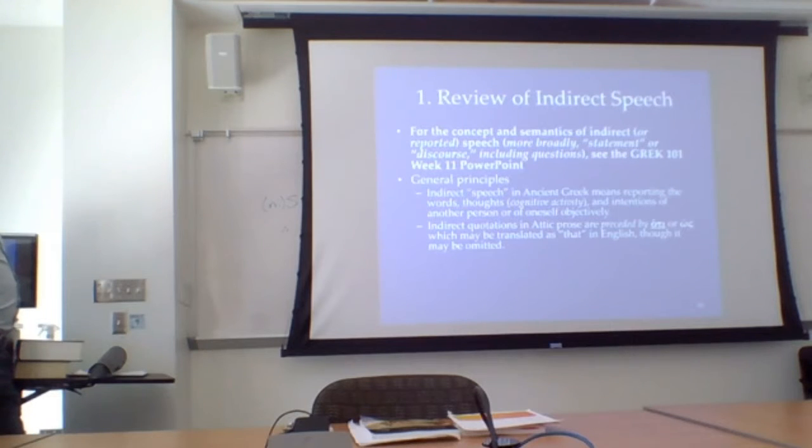Which may be translated as that in English, although we can omit it in English, right? If it's clear that we're reporting somebody else's speech. The verb of the reported speech may be finite, or an infinitive, or a participle. Indirect questions basically follow the same principles as indirect statements, right? He asked, what are we to do, right?